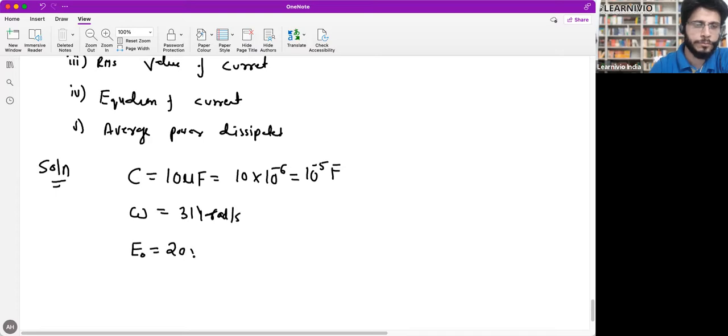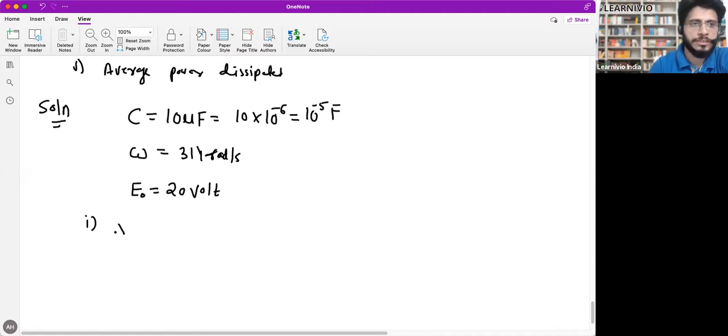First part of the question: how much is Xc? Xc, capacitive reactance, is 1 by omega C. So omega is 314, your C is 10 raised to the power minus 5. When you take it to the numerator, it will be 10 raised to the power 5 by 314 ohm.